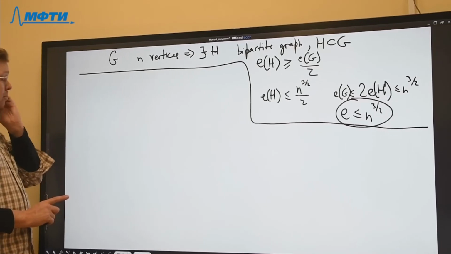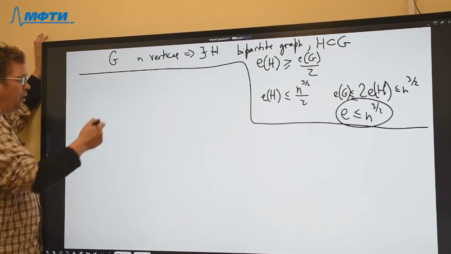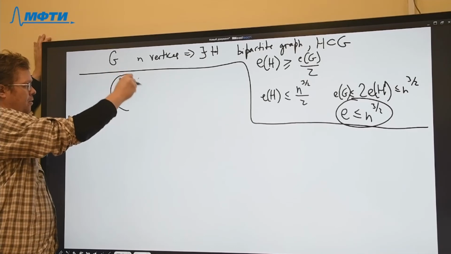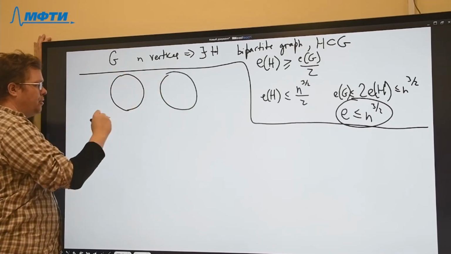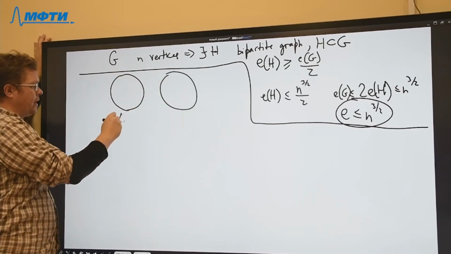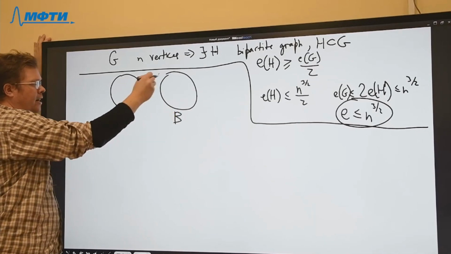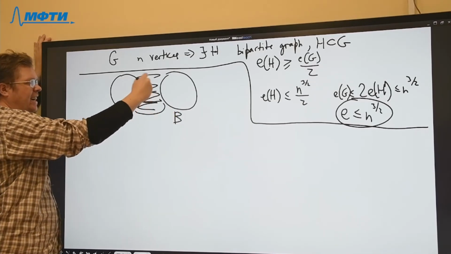So what do we want to find? We want to find two parts in graph G. We want to dissect it into two parts A and B, such that there are many edges between A and B, at least half of the edges.